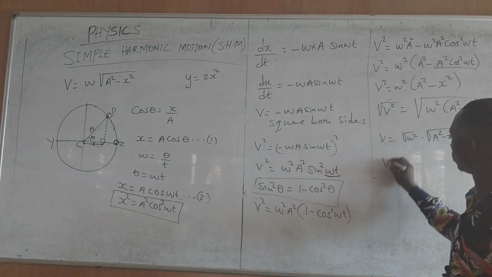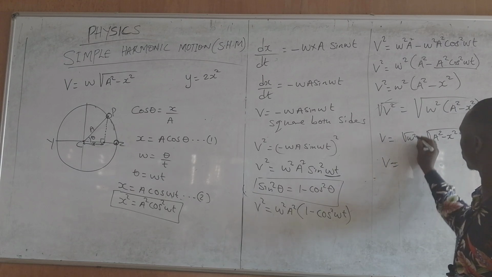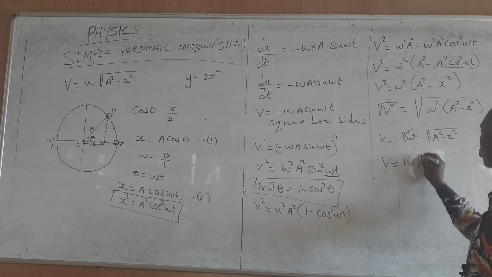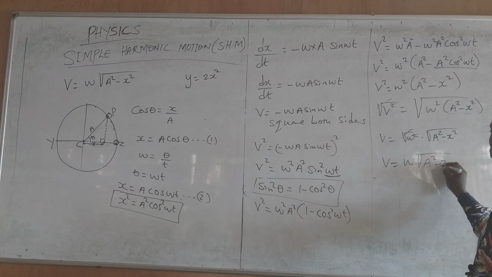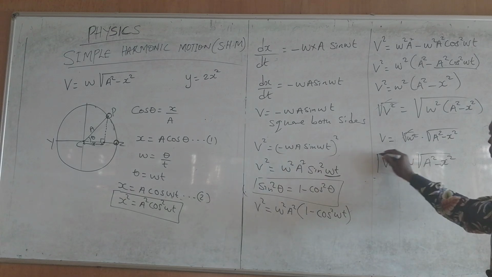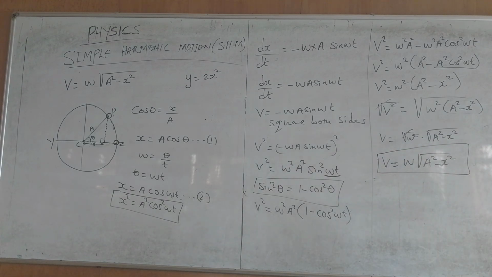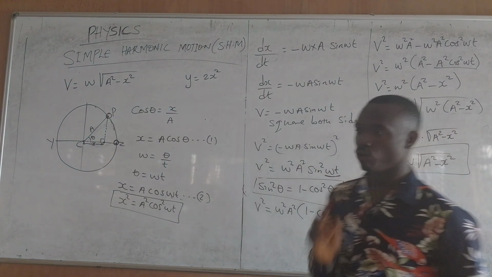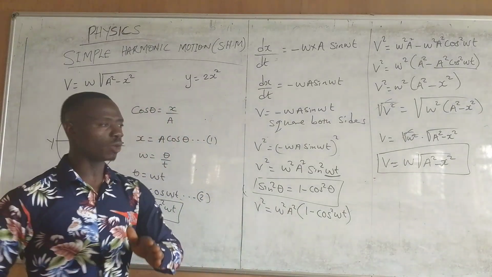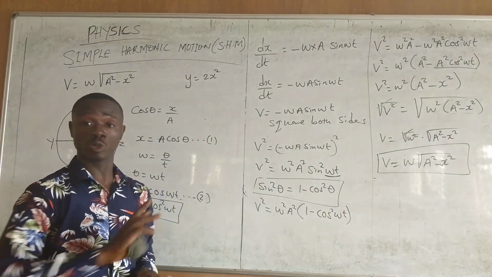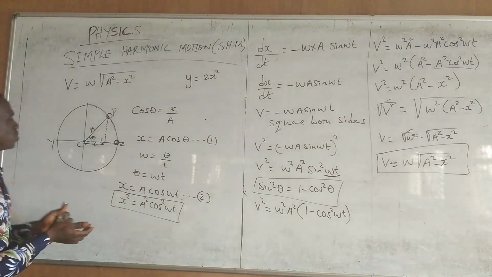So v will now be equal to omega root a square minus x square. What is the meaning of this formula? This formula is the one we use to calculate the speed for displacement at any point in time, whether you have amplitude or minimum displacement, which is zero displacement.